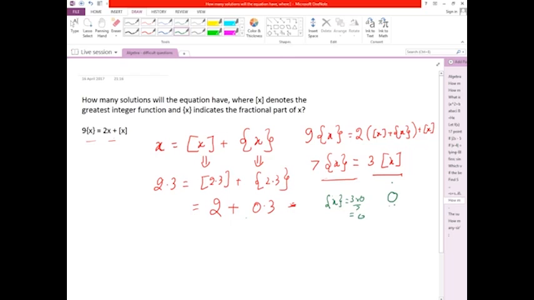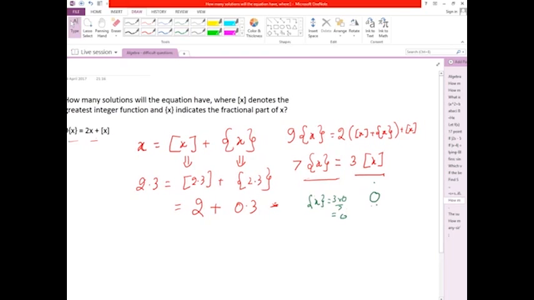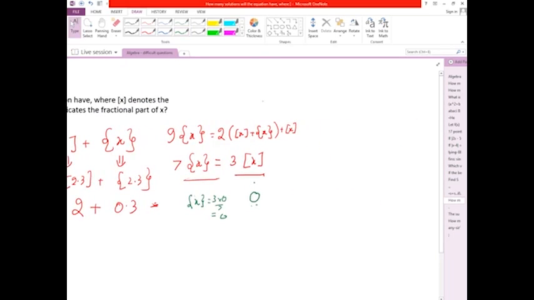And x, which is equal to this, will be equal to 0 plus 0, equal to 0. This satisfies all the requirements, which is fine.